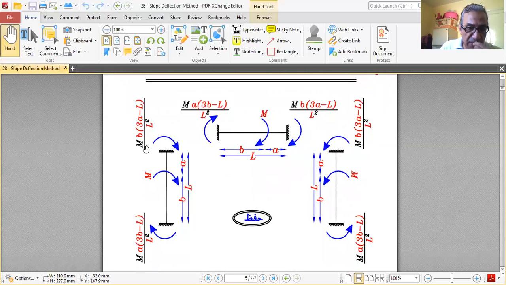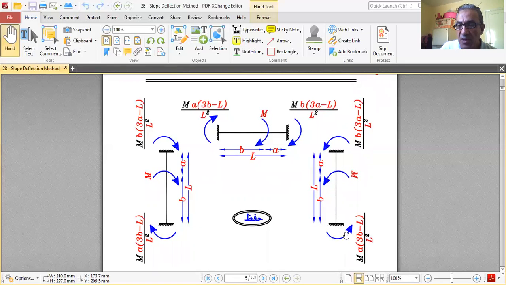So the moment over here is M B, the far one, 3A minus L, over L squared, and M A, the far one, 3B, the close one, minus L, over L squared. They all rotate in the same direction, the outer ones and the inner ones.